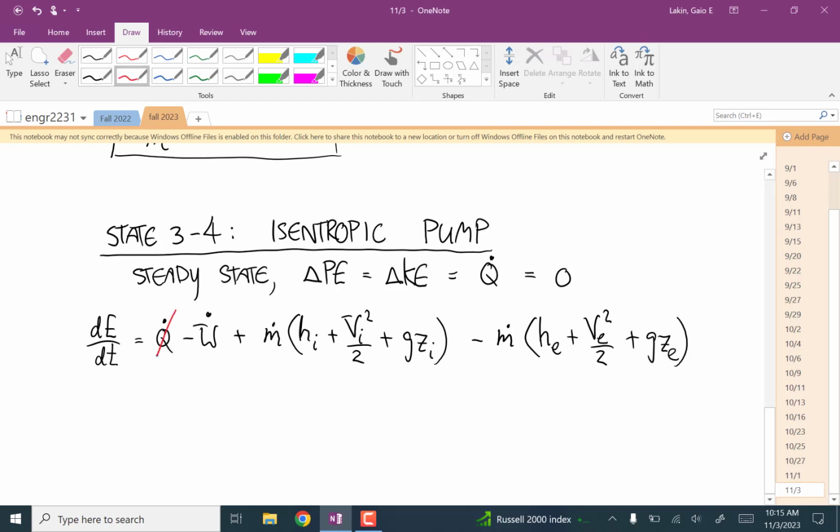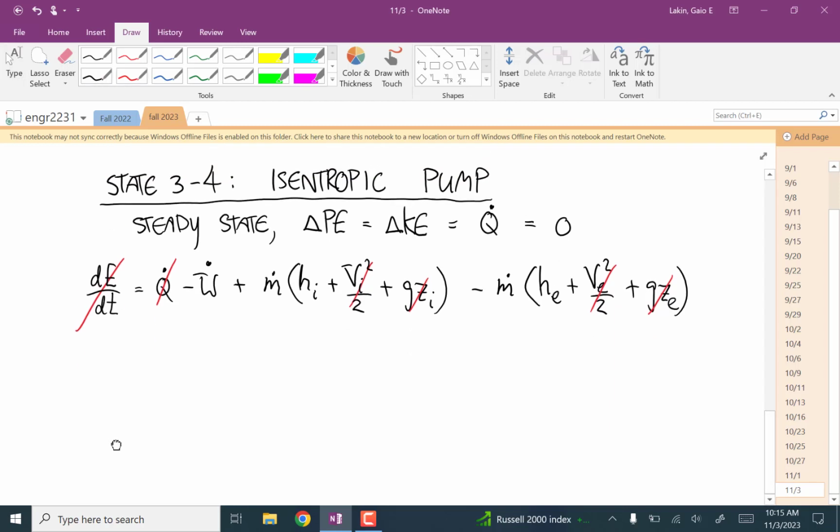Cancel the heat, kinetic and potential energy terms, and dE/dt. And we get that W dot is equal to M dot times the quantity HI minus HE.